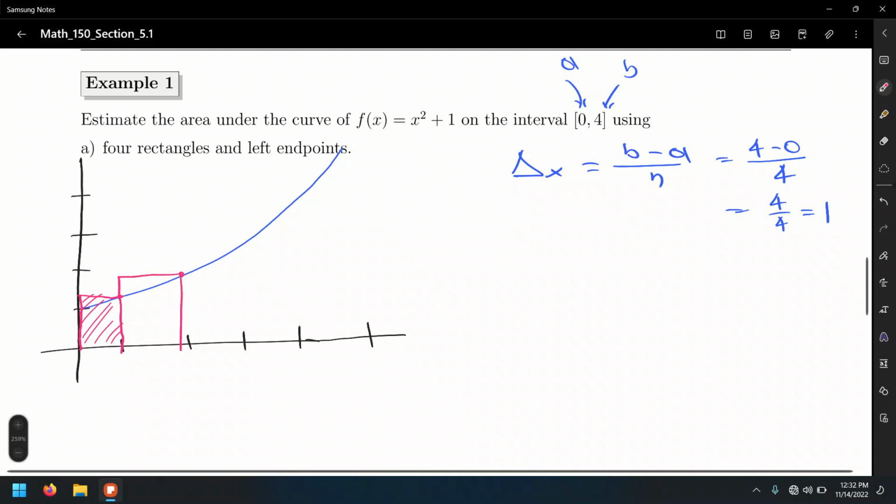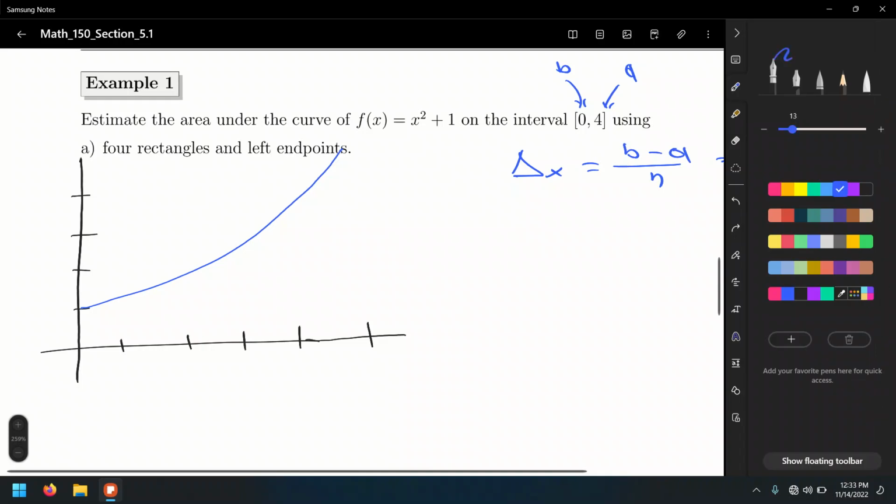Shouldn't it be left endpoint? Did I say right? Oh yes, I said right endpoint. My bad. Left endpoint, yes, because I wanted to get the underestimate first and then the overestimate in order. Thank you. And let me also fix this from A to B.